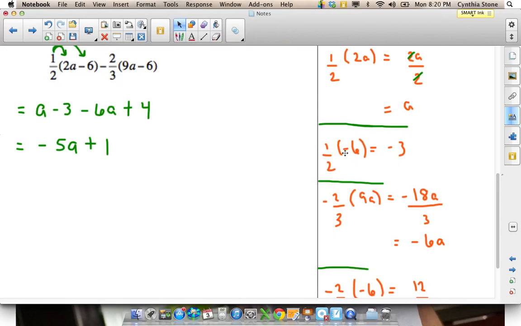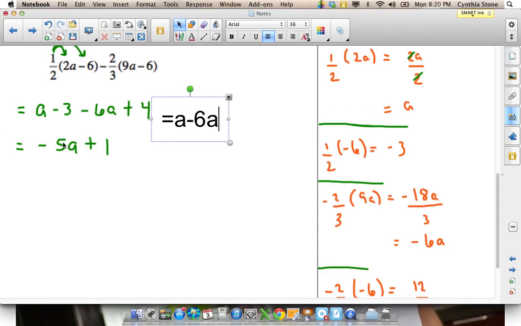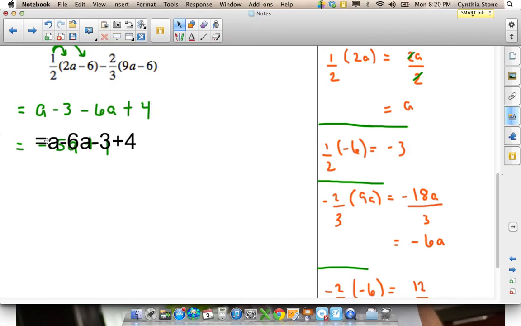But this is the background so that I'm explaining to you. A line that I could have right in the middle here, but you wouldn't have to show me on a test, would say equals a minus 6a minus 3 plus 4.